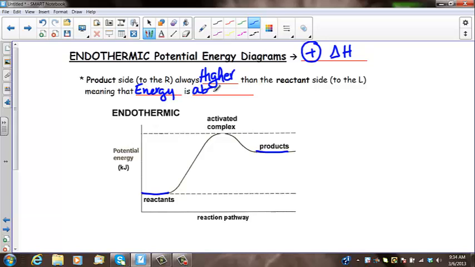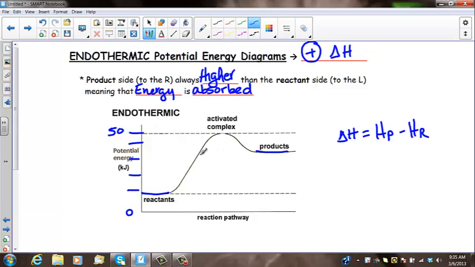Now, I'm going to explain the difference very quickly. Let's just for argument's sake say this is 0, this is 10, each increment is 10. Delta H is equal to basically the H of the products minus the H of the reactants.